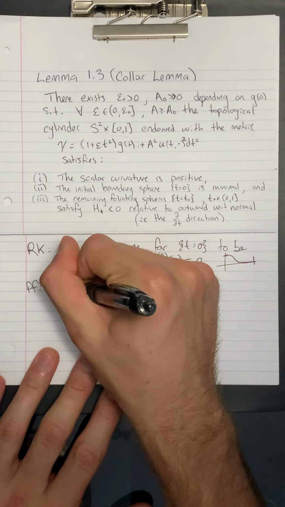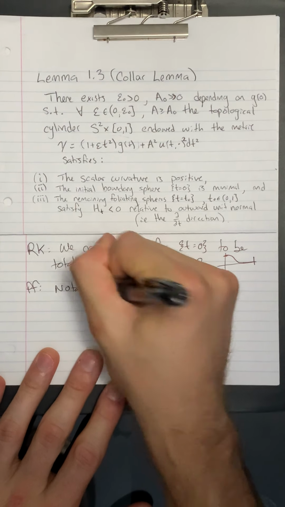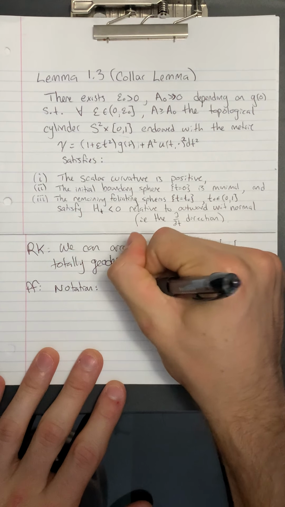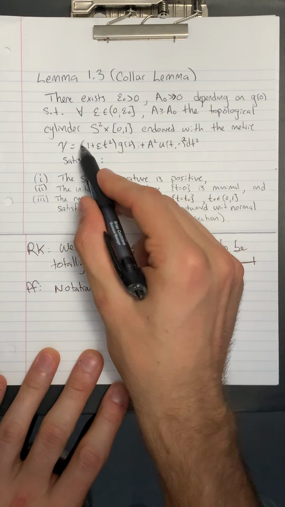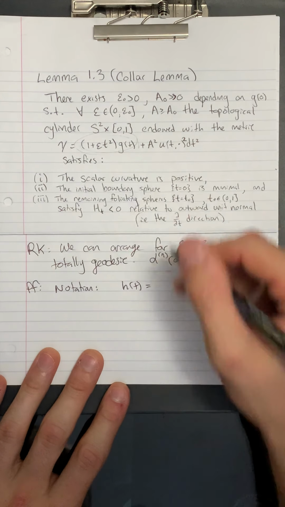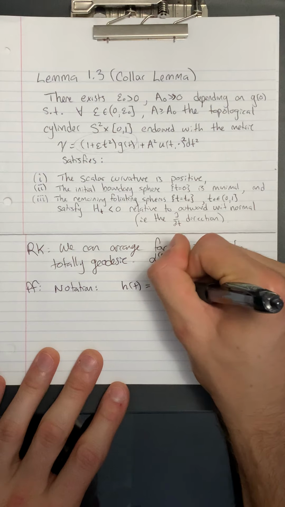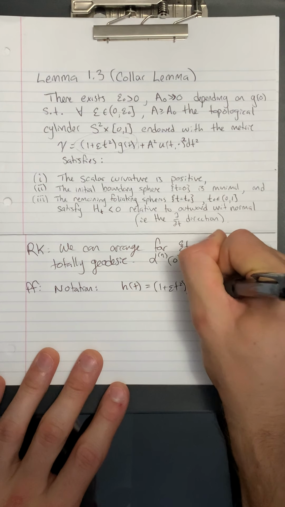First, some notation. This is just going to make calculations easier. We're going to let h of t be this portion of the metric, (1 plus epsilon t) squared g of t.